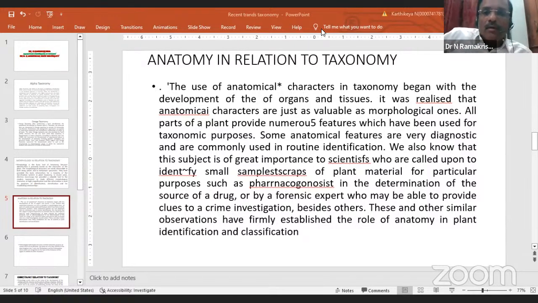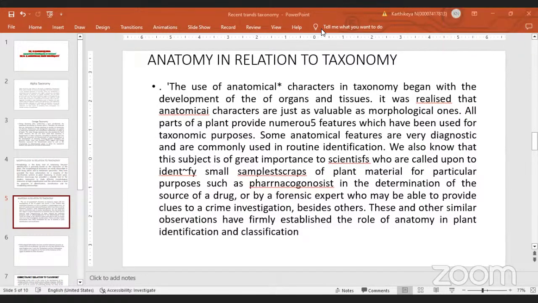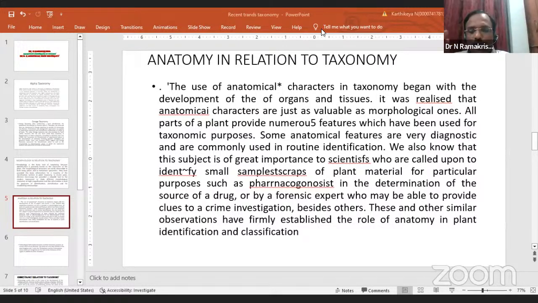So next now, chemotaxonomy. What is the meaning of chemotaxonomy? The chemicals present in the plants. Application of phytochemical data to solve the problems of taxonomy is called chemical taxonomy.